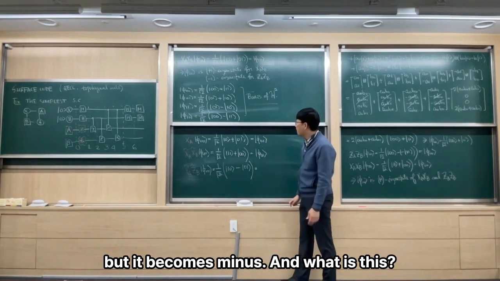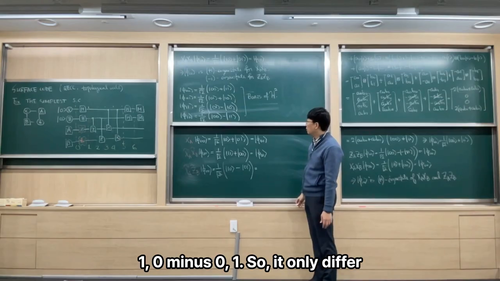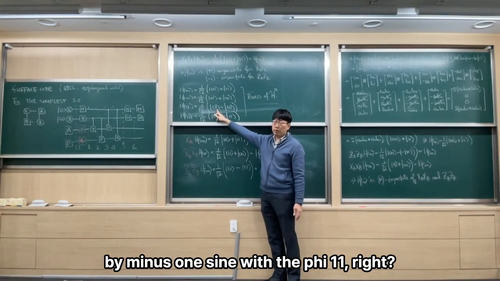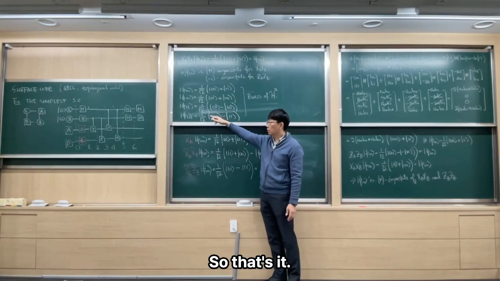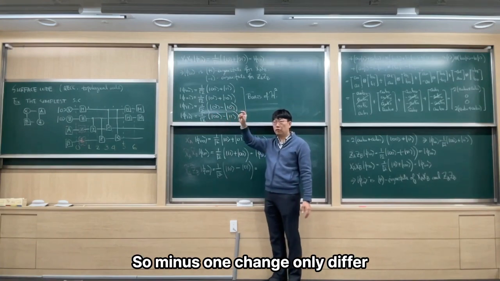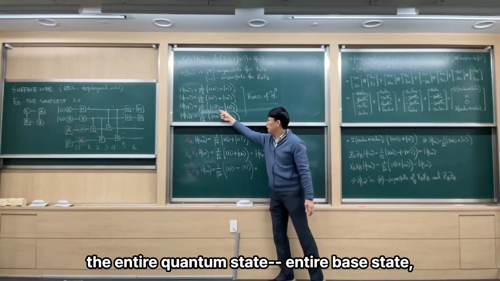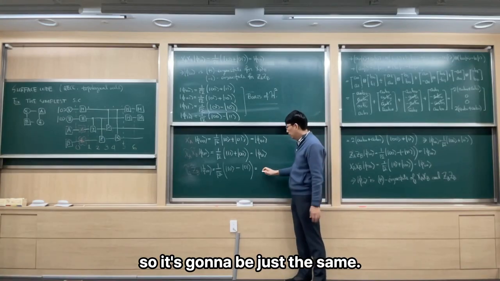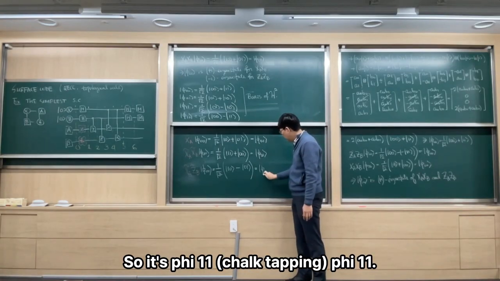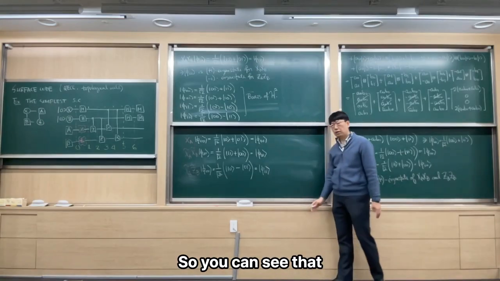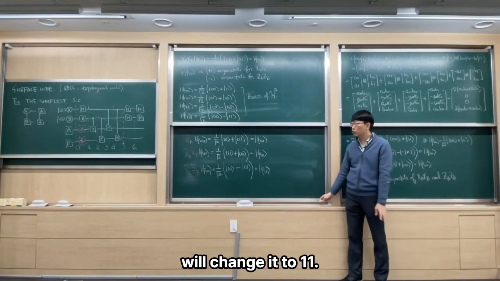So 1, 0 minus 0, 1 only differs by a minus 1 sign from phi 1, 1, right? A minus 1 change only differs by the phase of the entire quantum state, so it's going to be just the same. So it's phi 1, 1, and you can see that the measurement outcome will change to 1, 1.